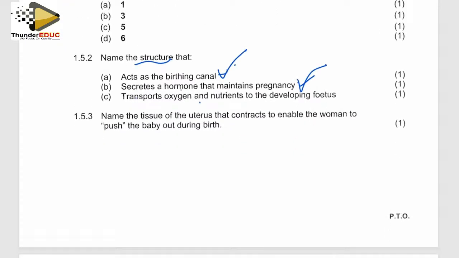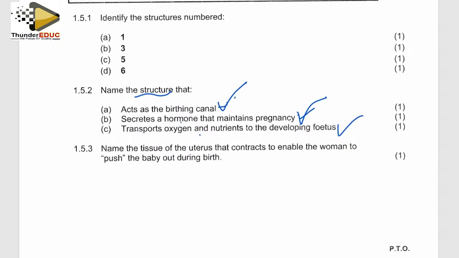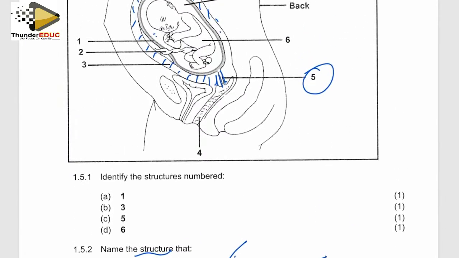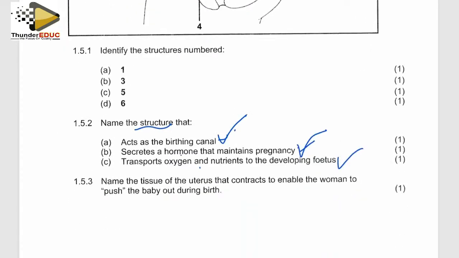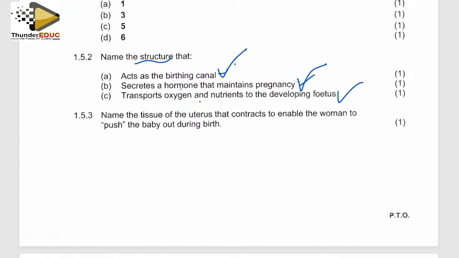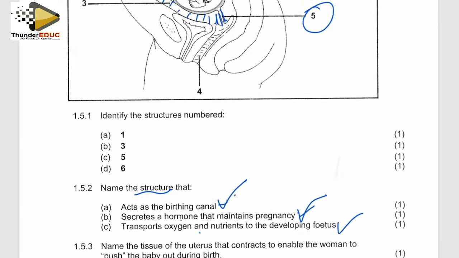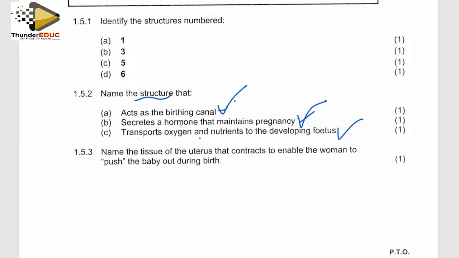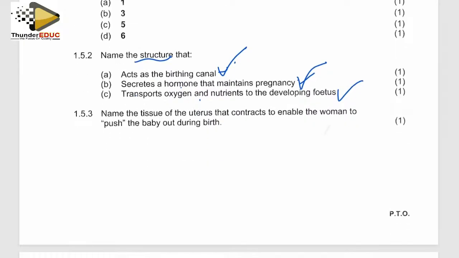They're saying just name the structure, so the answer here is umbilical vein. They're not saying get it from here. All right, someone is asking, what about the umbilical cord, what about the placenta? They're saying the structure which transports oxygen and nutrients. So if you are looking at only what takes oxygen and nutrients, then it is the umbilical vein.